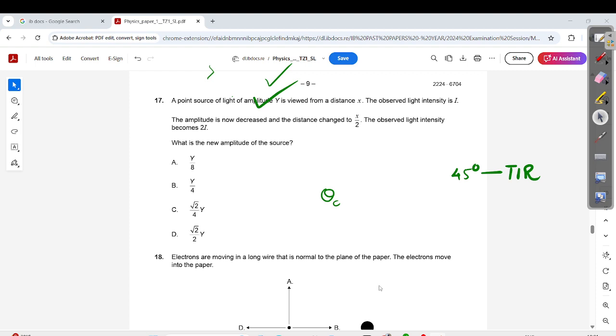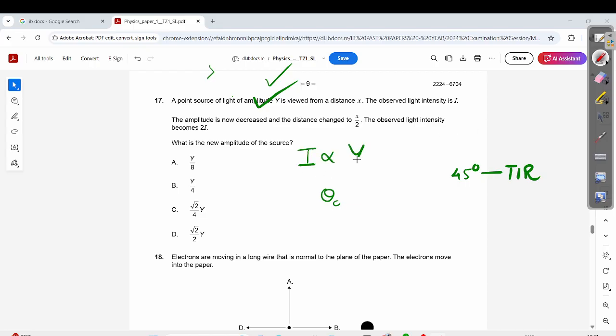It's very easy. What is the formula? We have the ratio of intensity.